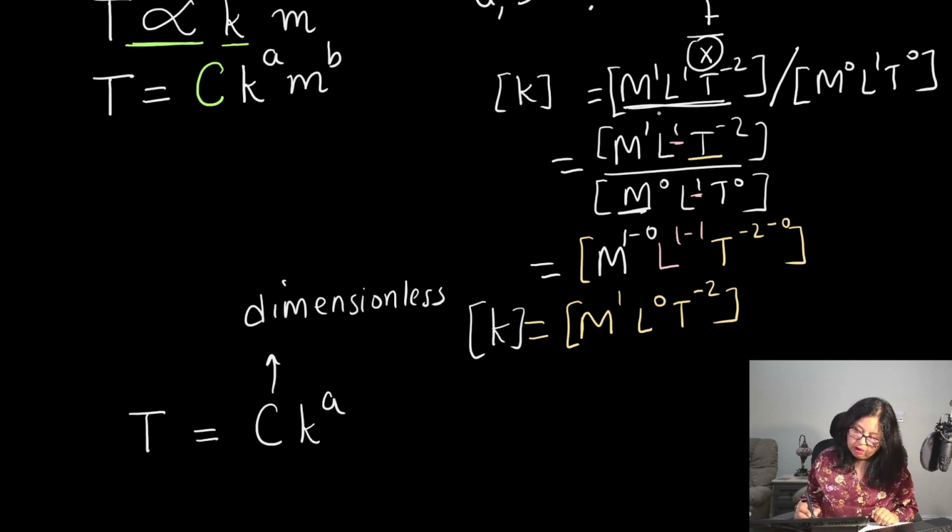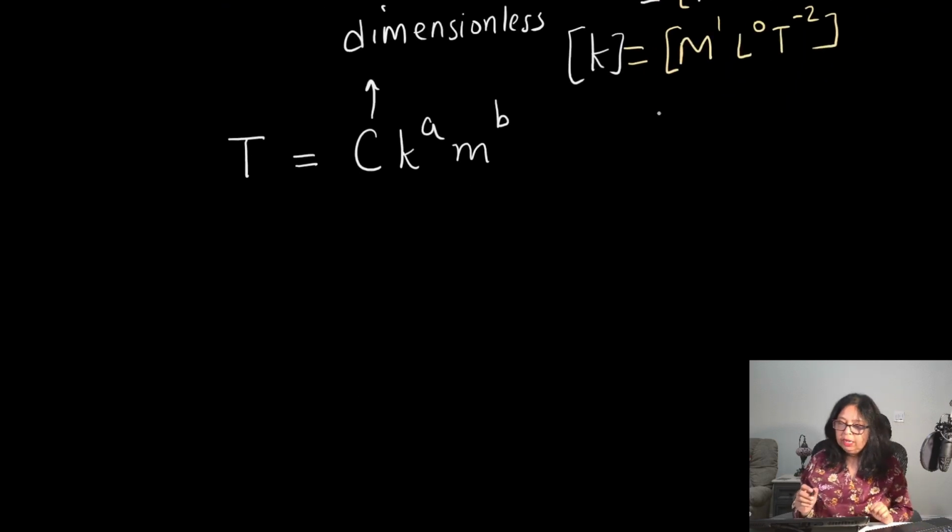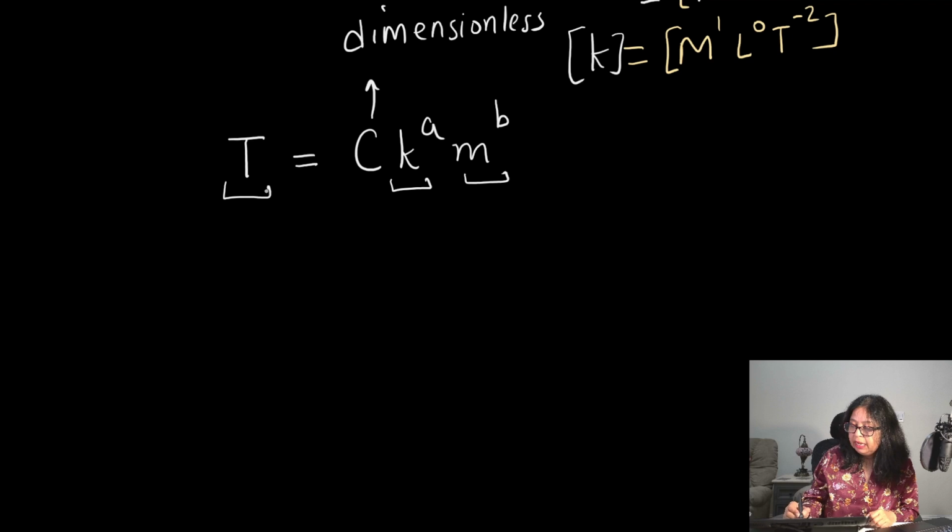K to the power A, M to the power B. Very well. Next, I'm going to plug in the dimensional formula for each of these quantities, which is T, K, and M. T is just time period, M to the power 0, L to the power 0, T to the power 1.